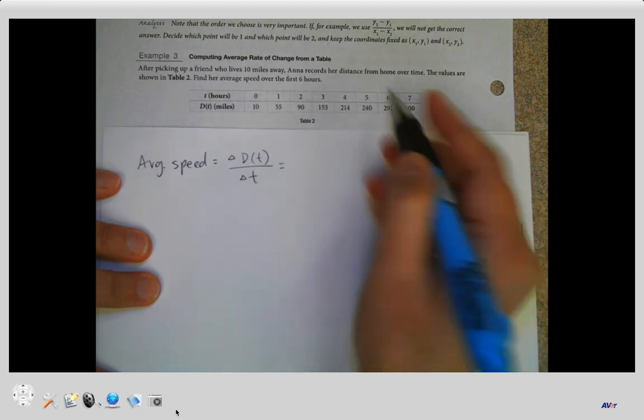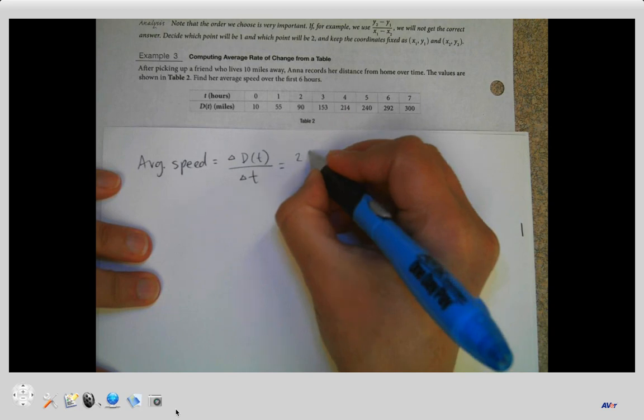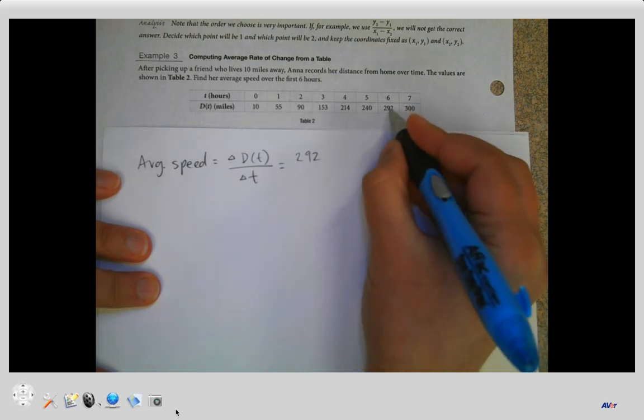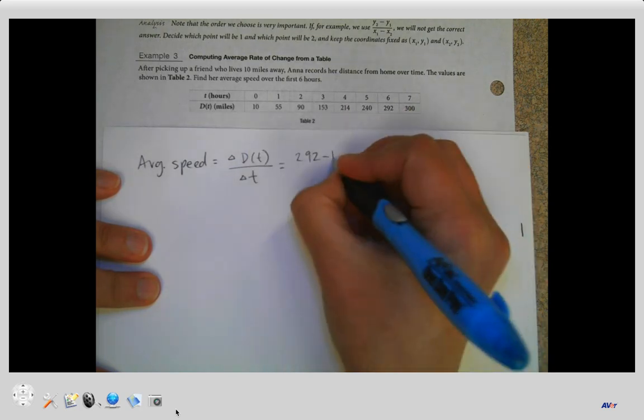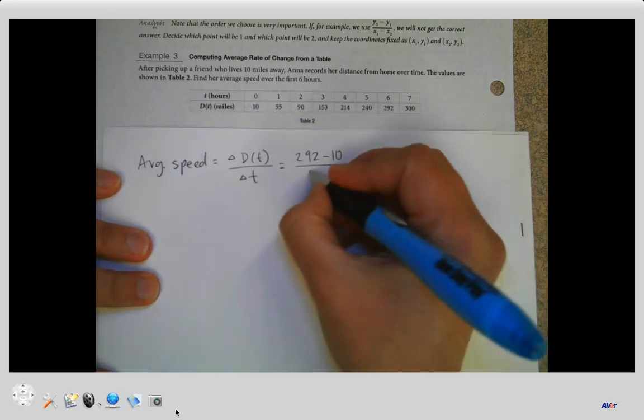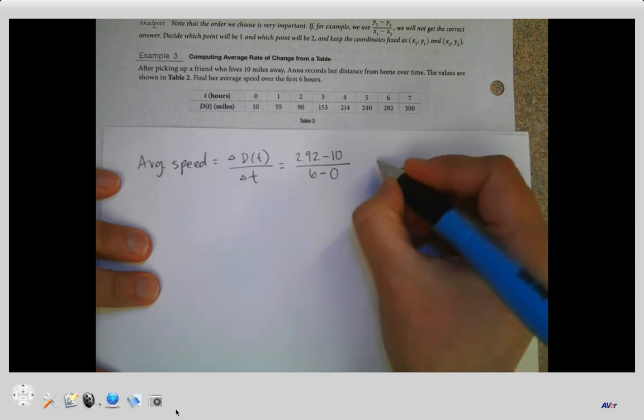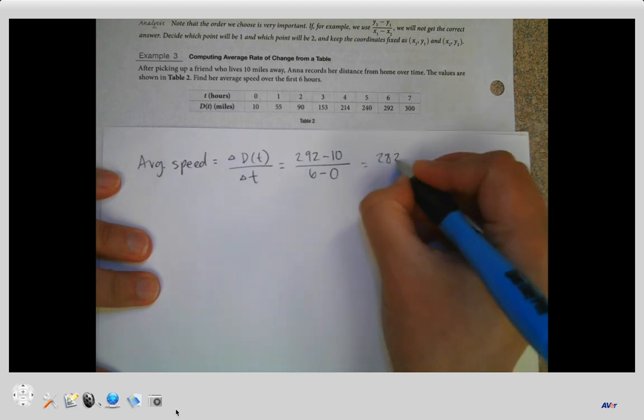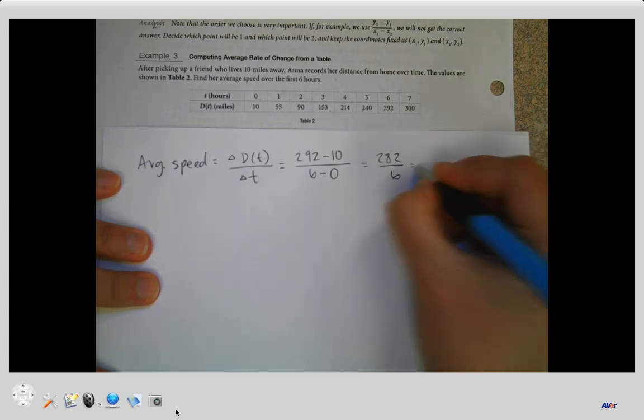Our first output value will be 292 for 6, and our first input value is 10 for time 0. Then our delta t will be 6 minus 0. So 282 divided by 6, what is that? Let's see, 47.